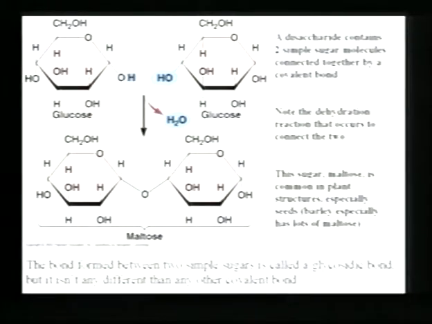There we go. This is standard. This is not specific just to glucose. That's standard for every monosaccharide that is assembled into a disaccharide or polysaccharide. It's a dehydration reaction here that forms that glycosidic bond.